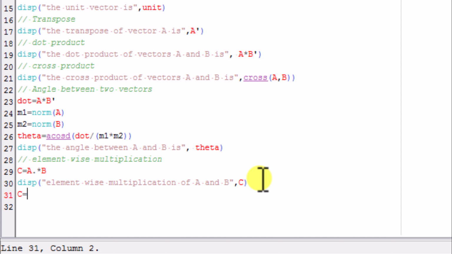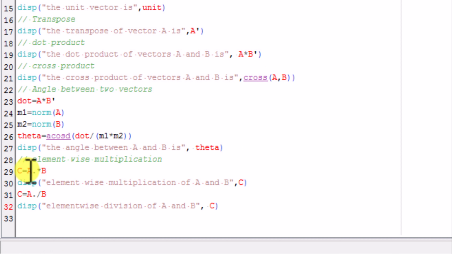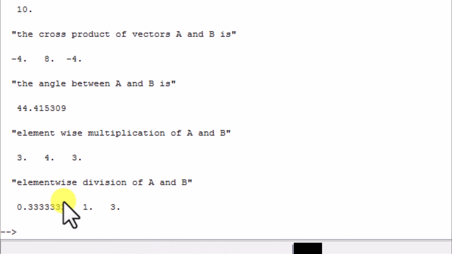For example, A dot divide B will give the element wise division, and we can display this also: element wise division of A and B, comma C. Here we are dividing the elements of A with the elements of B. Let us see the output: 0.33, 1 and 3.